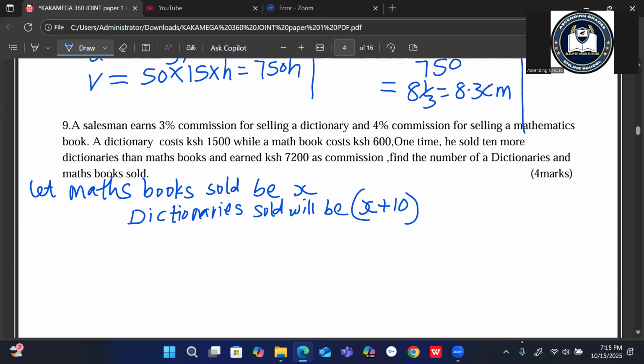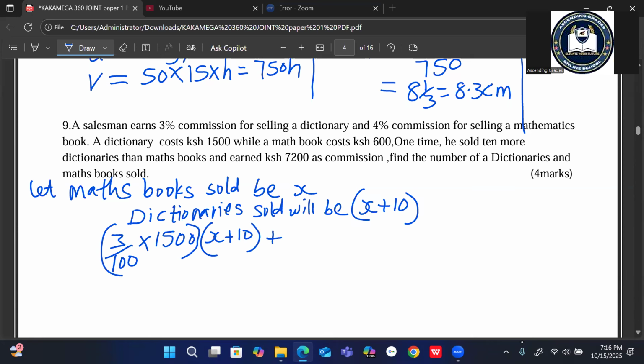We are told that the salesman was given 3% commission for selling a dictionary. So it is 3 over 100 times the cost of one dictionary, that is 1500, multiplied by the total number of dictionaries, that is X plus 10.